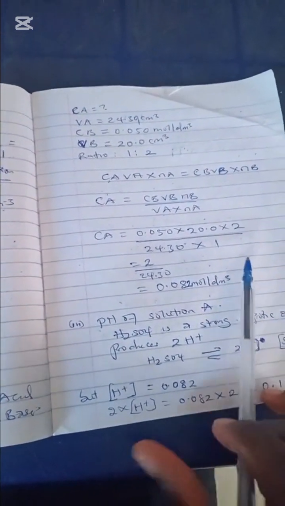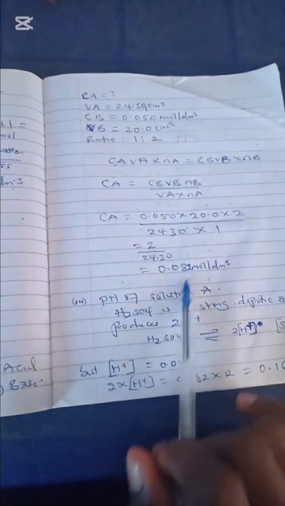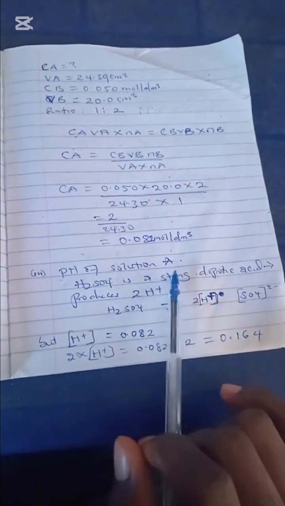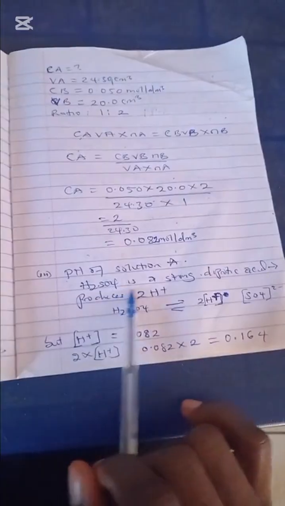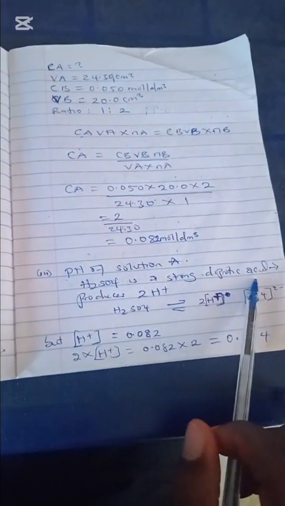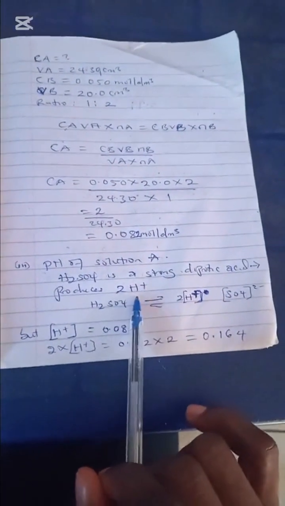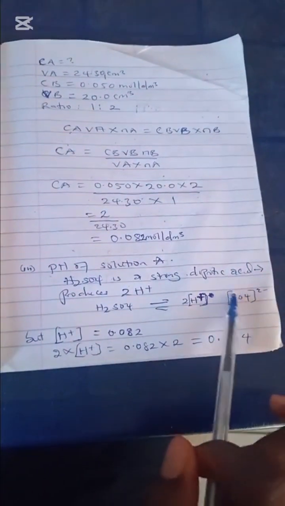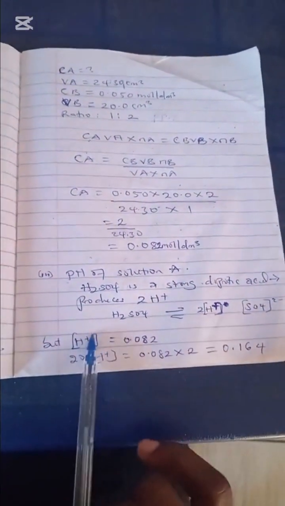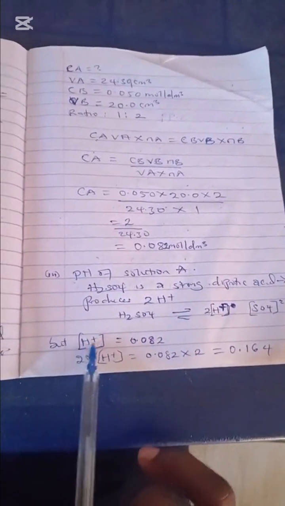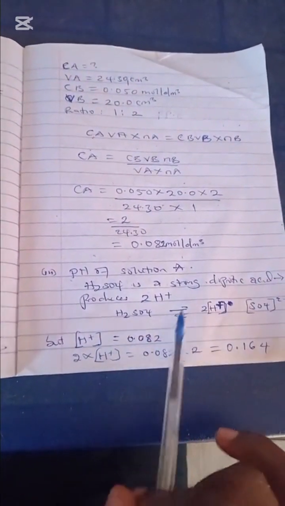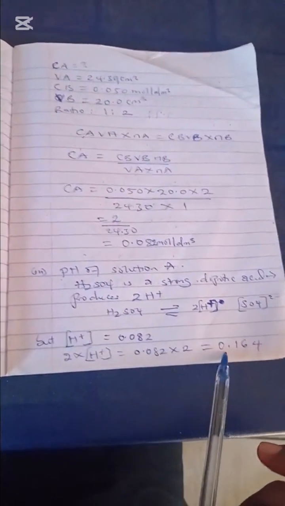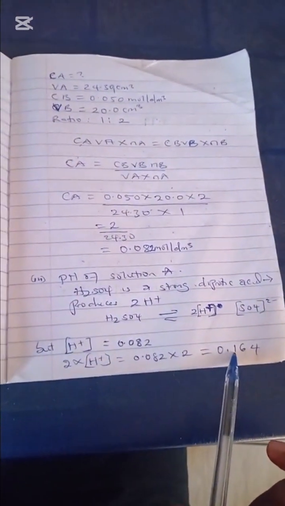Is that okay? Now, once we're able to obtain that, we can find the pH of the solution. Now, we find the pH of the acid. I know the tetraoxosulfate(VI) acid is a strong diprotic acid, right? That produces 2 hydrogen ions. Now look at the dissociation. There are 2 hydrogen ions, and then the SO4 ions, right? But you know that the concentration of the acid itself is 0.082, but since there are 2, it will be 2 times 0.082, which will give you 0.164.